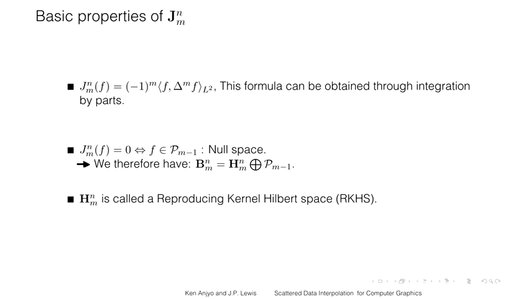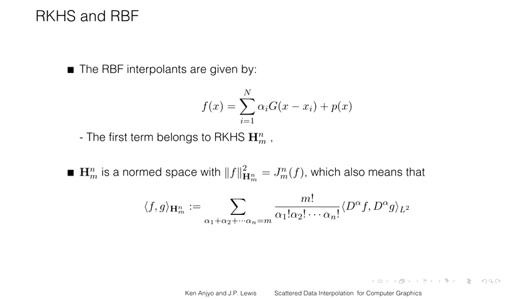But here we have the space we call RKHS, reproducing kernel Hilbert space. So let me explain this. But before that, let me recall the RBF interpolation.